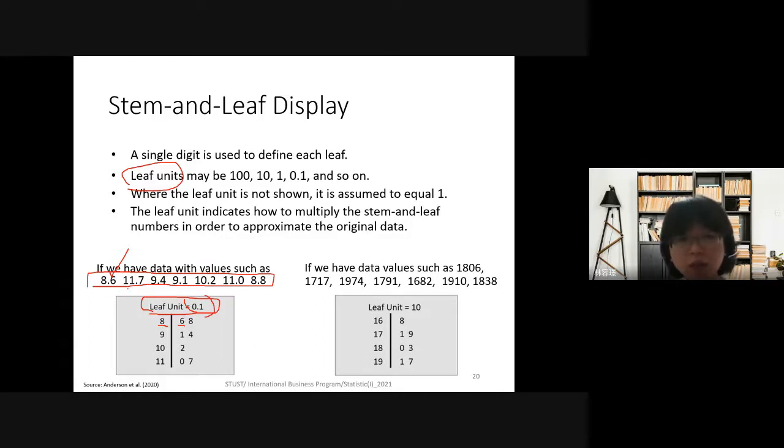And 11.7 you write as 11 and 7, because the leaf unit is 0.1. For example, here you find 11, 0. That means you must have data that is 11.0, right? Till here, do you understand, Mariam?